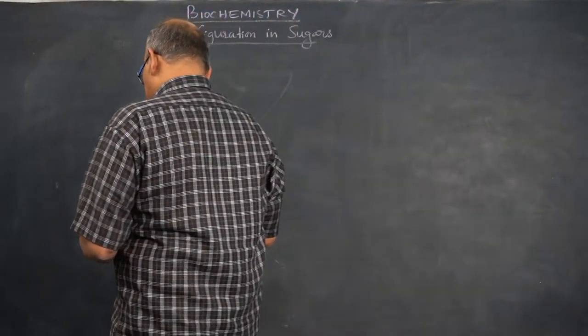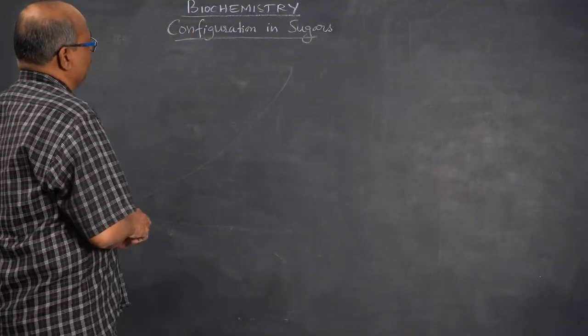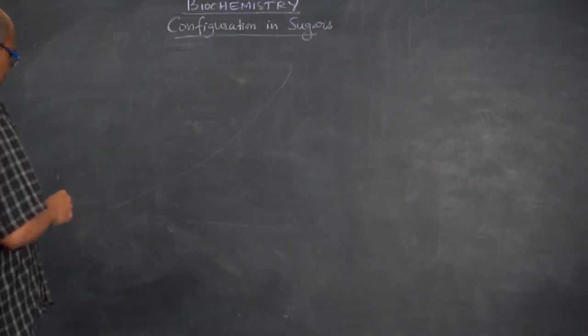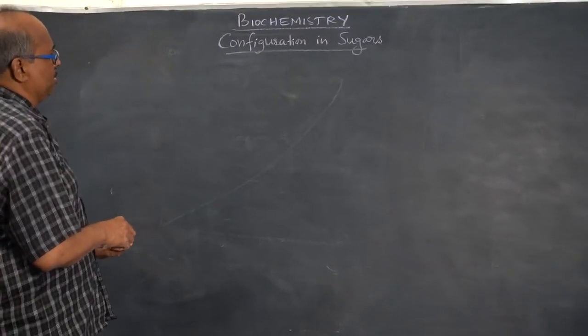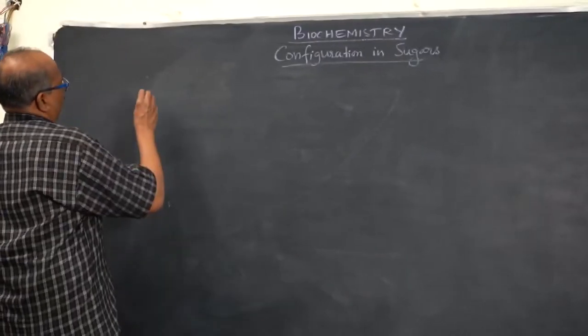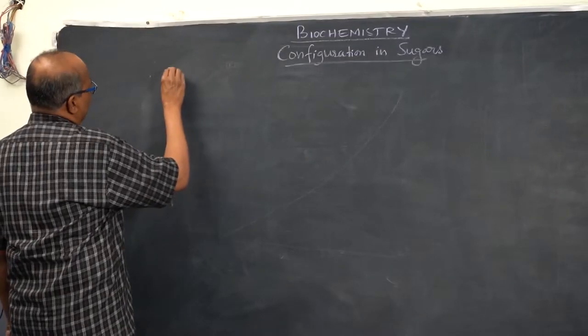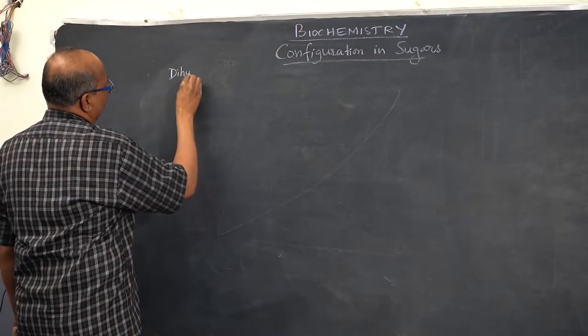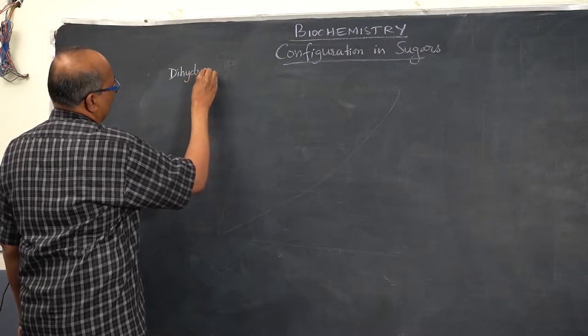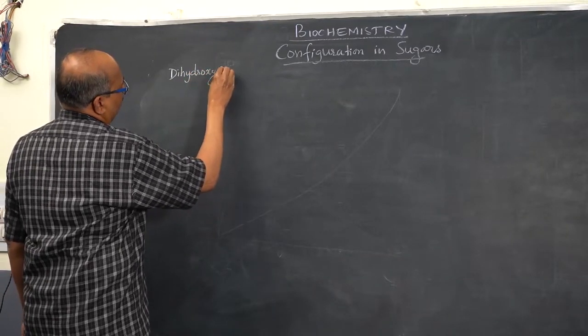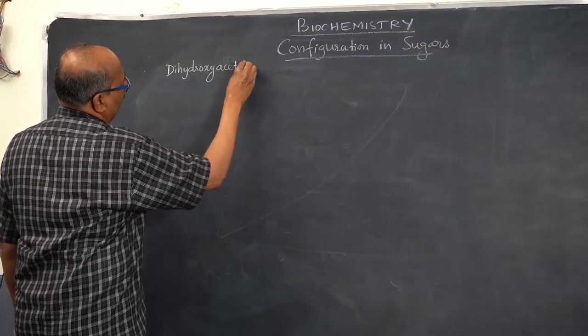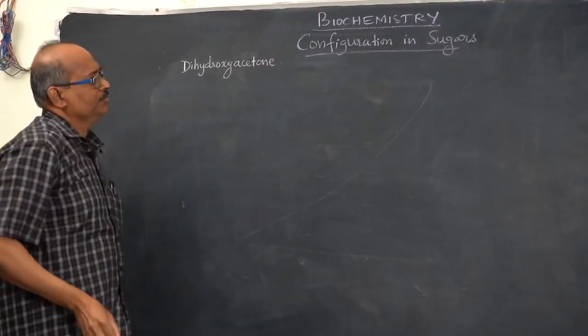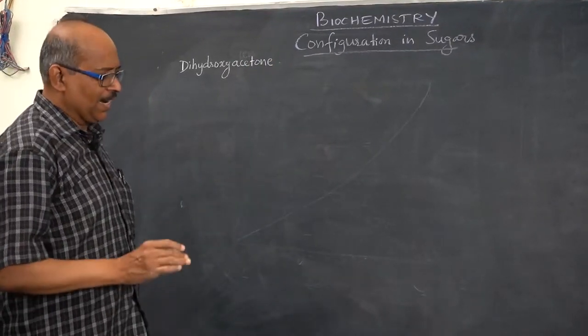Okay, in biochemistry we'll take a small topic, which is configuration in the case of sugars. When you take monosaccharides, only one monosaccharide lacks an asymmetric carbon, and that monosaccharide is dihydroxyacetone.